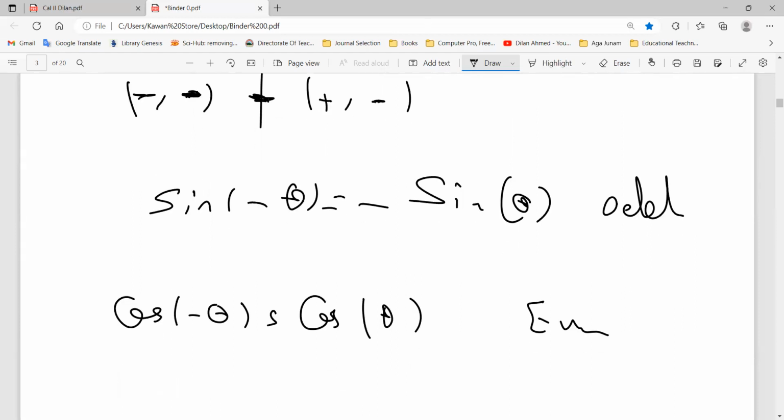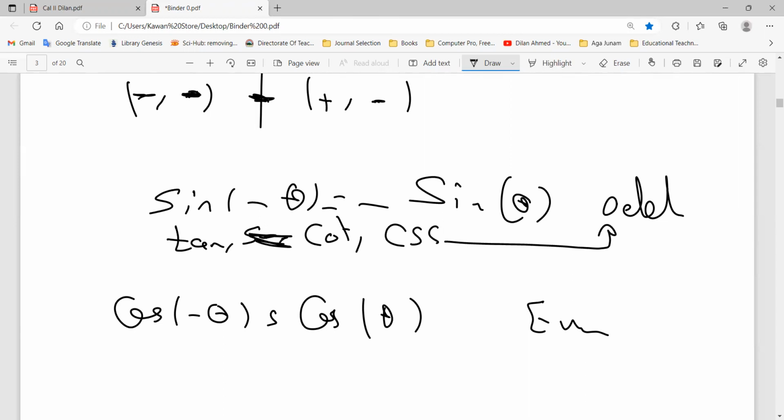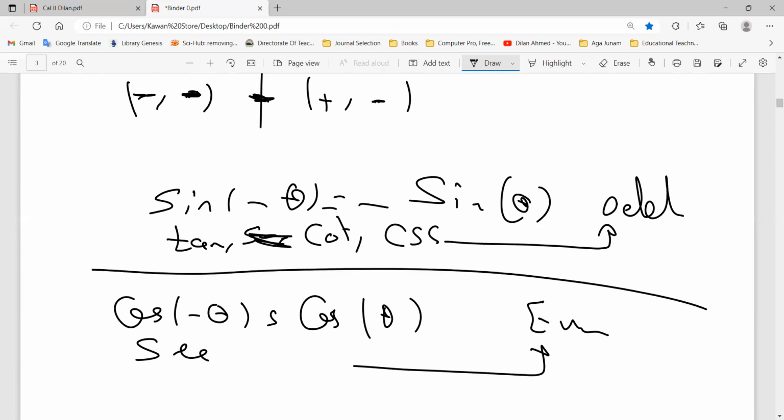So all functions that depend on sine are odd. So tan, what else? Cosecant, you are right. Cotan and cosecant, right? All these 4 are odd. It remains cosine and secant. These 2 are even. Good.